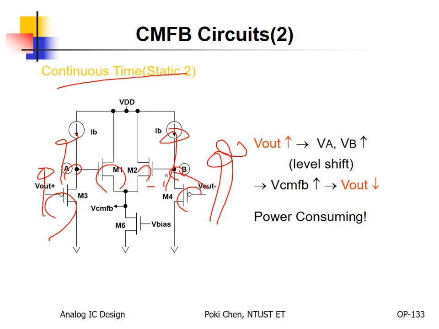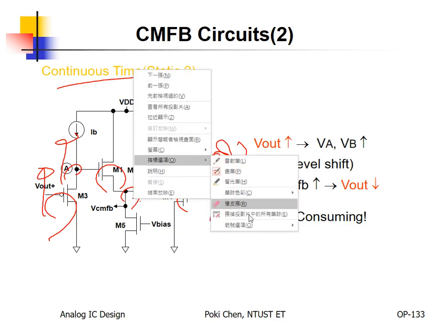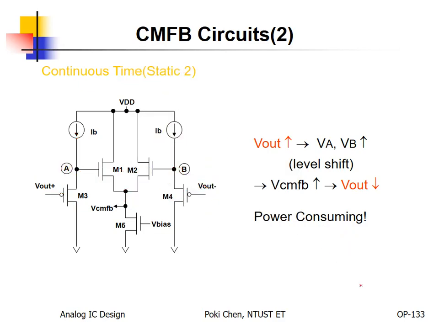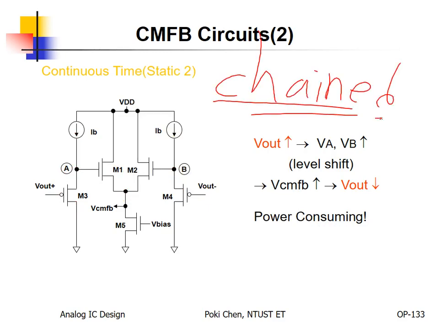This gate voltage is increased. How about the source? The same, right? Because one VT, one delta V. Bingo. So that is some kind of chain reaction. One VT, one delta V higher; one VT, one delta V lower.